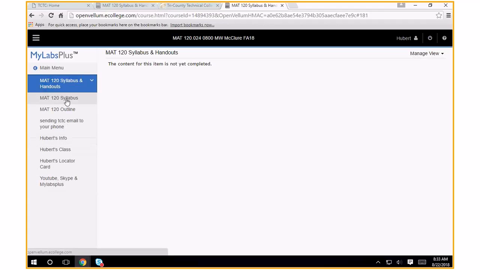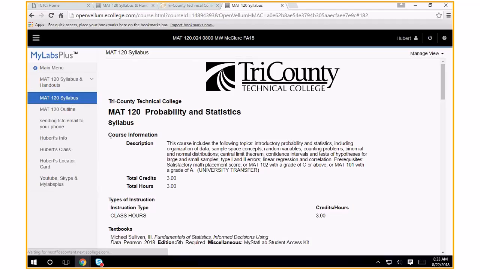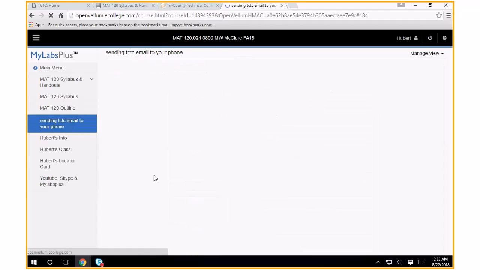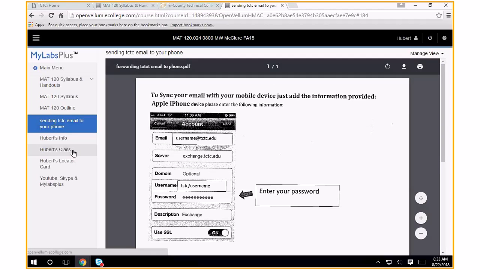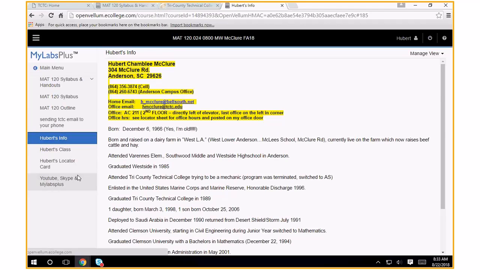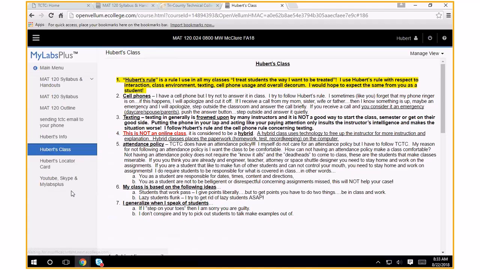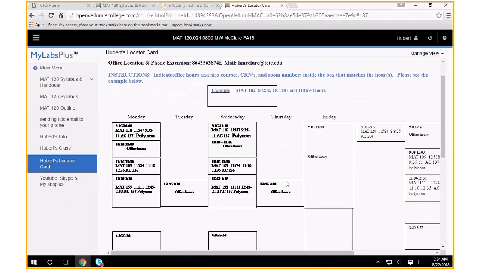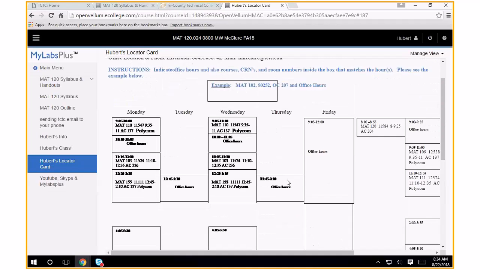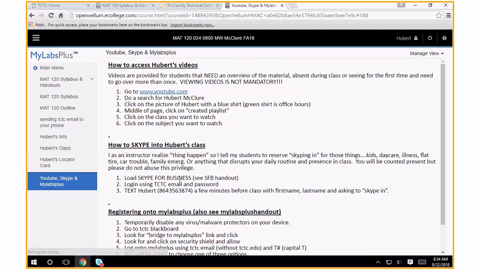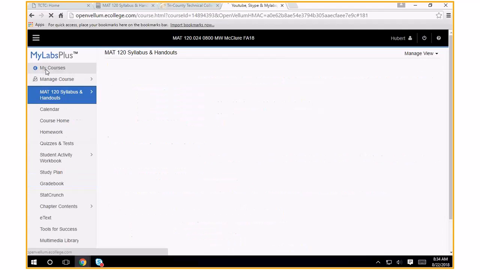So you don't have the excuse of, I didn't get the email. So you can click onto that. You get the syllabus. You get the outline. You got the sending to your phone. You got my info. You got the class info. You got the locator card, which is butchered up because of the word processing. But I ain't worried about that. And then you got this handout here. And you got all the handouts that we went over, so you don't have the excuse of, I didn't get the email. All right, down here, homework.